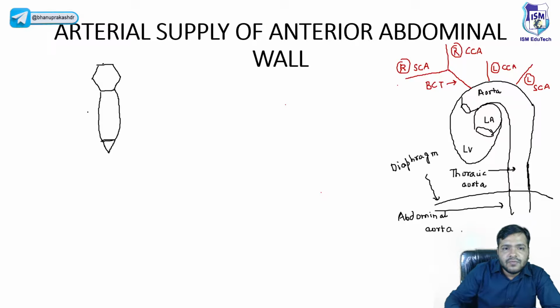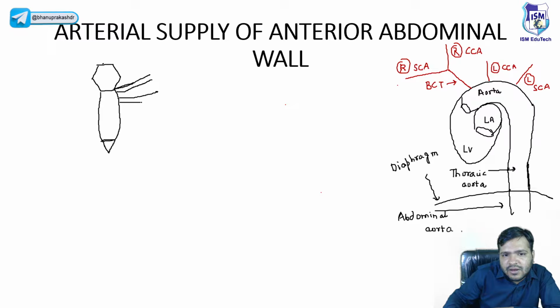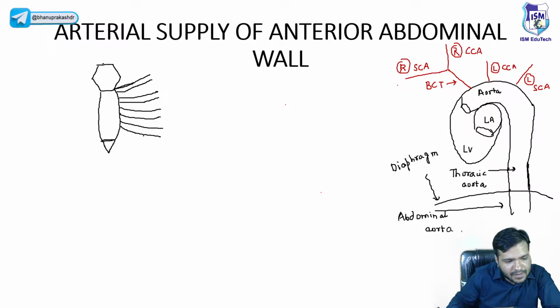Now beta, this sternum is attached to the costal cartilage, and we have these costal ribs, right? Whatever diagram I'm drawing, it is just to make you understand the entire picture, guys.